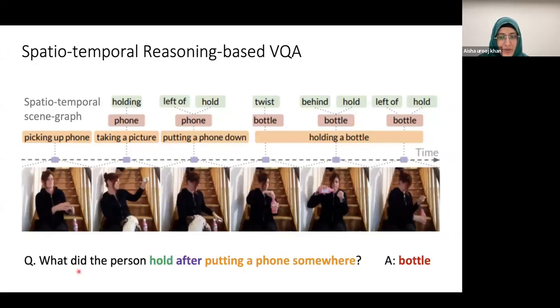Now, if you look at the same question again, what did the person hold after putting a phone somewhere? Given this spatio-temporal scene graph, we will know this is the action, putting a phone down. The next action was holding something, and the relation between the person and some object, named hold, is with this object, bottle. So we can say the answer is bottle.